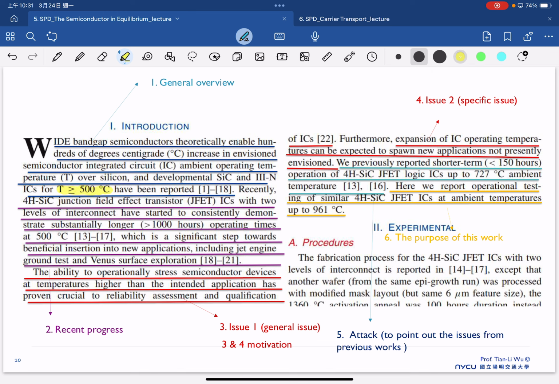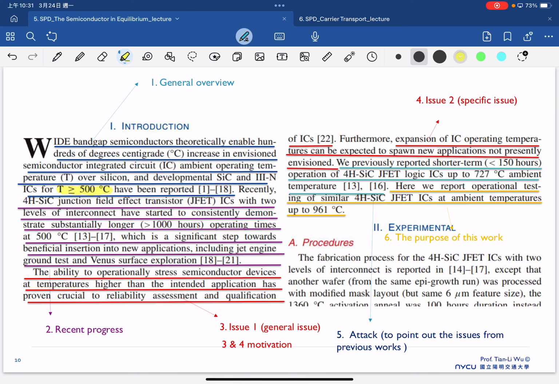So when we read the literature or write an academic paper, the first sentence of the introduction is always a very general overview for the reader to understand what has happened in the past decade.